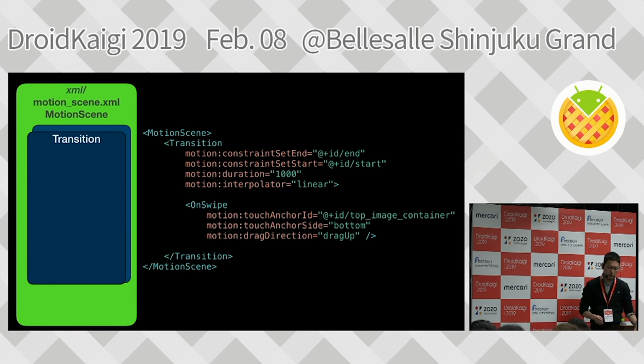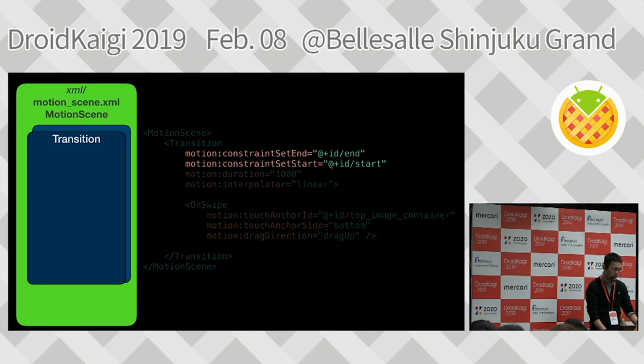So this is a simple example of a motion scene file that has one transition. And as you can see, it has the attributes constraint set start and constraint set end. So meaning once the transition is triggered, the layout is moving between two states.